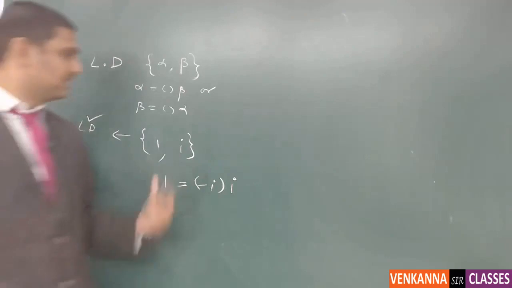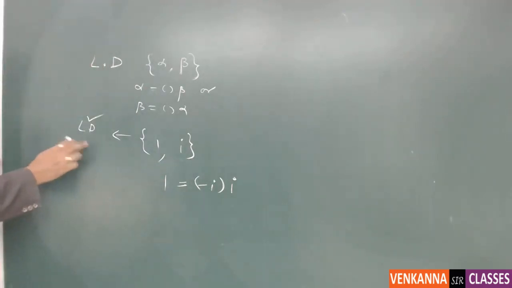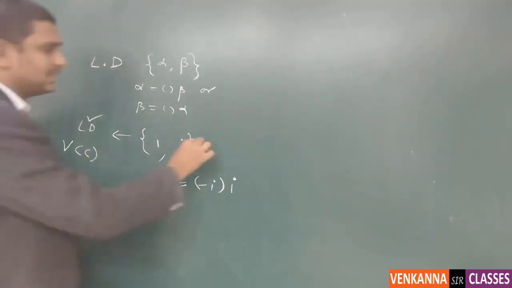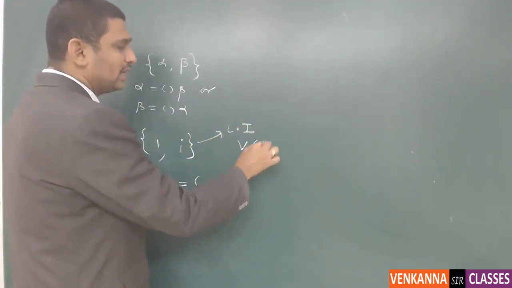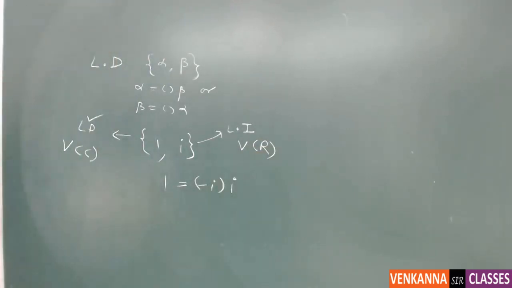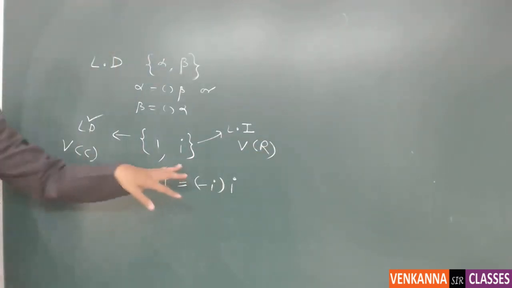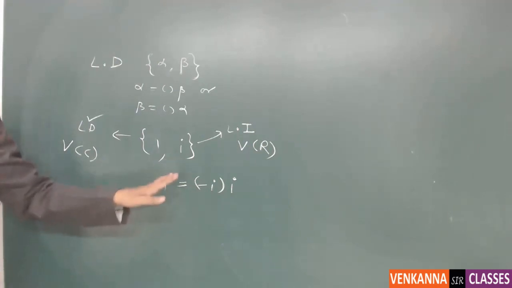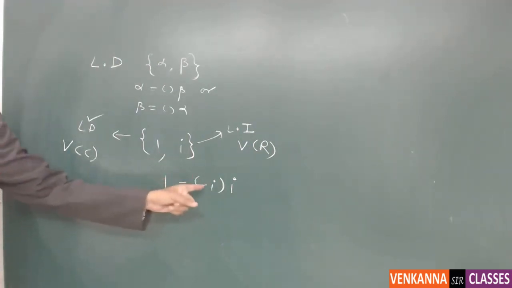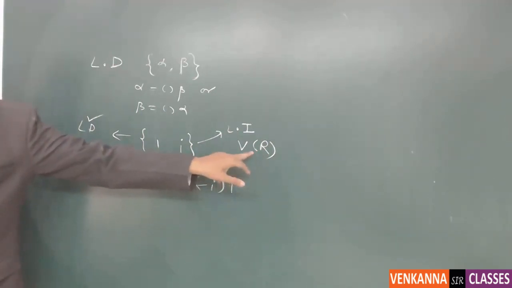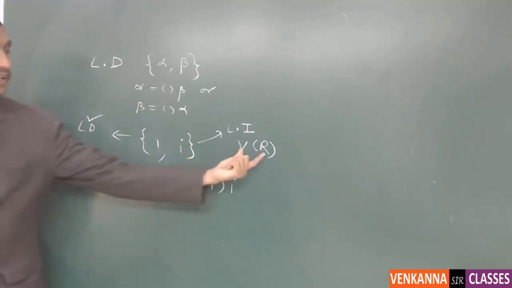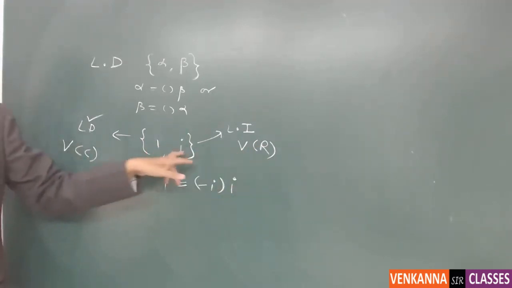So the given set is linearly dependent on the vectors over the complex field, and this set is linearly independent on the vectors over the real field, because it is possible to represent one vector as a multiple of the other, but the scalar which is available does not belong to the real number field. So if you take the real number system, these two are independent.